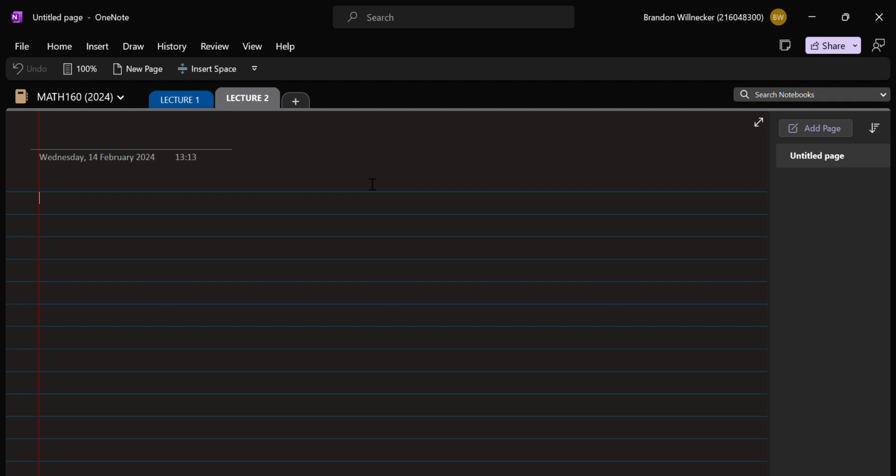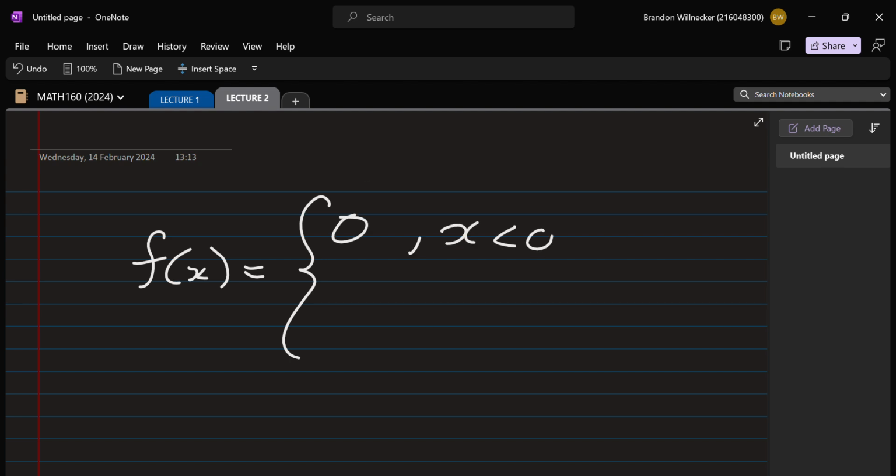I'll start off with an example just to illustrate this idea. Let's say we have a function f of x, and we want to define 3 different rules for 3 different parts of the domain. We do it like so. We have an open curly brace. This shows us the list of rules and where they are defined. Let's say this function is 0 when x is less than 0.